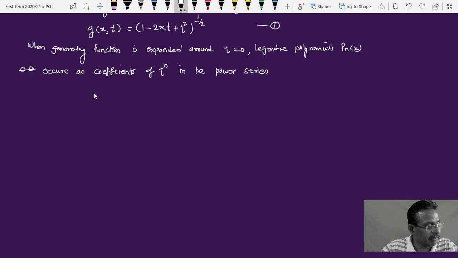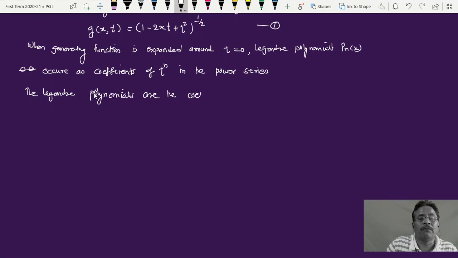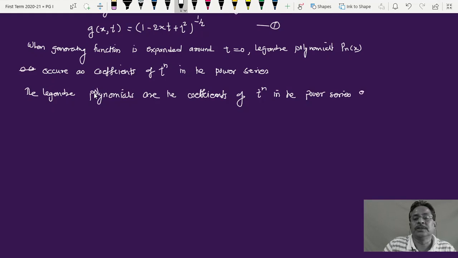So the generating function given is this. Thus the Legendre polynomials are the coefficients of t raised to n in the power series expansion of g of x, t. For a lot of people, all these words may be very new at the beginning.